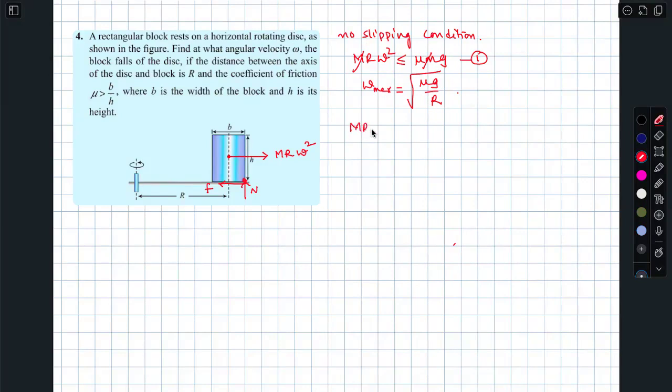About this point, m r omega maximum square into h by 2, this should be less than or equal to the weight torque, m g b by 2. m cancels. r omega square, which is mu g, into h by 2 is less than or equal to g b by 2, which implies mu is less than or equal to b by h to avoid toppling.